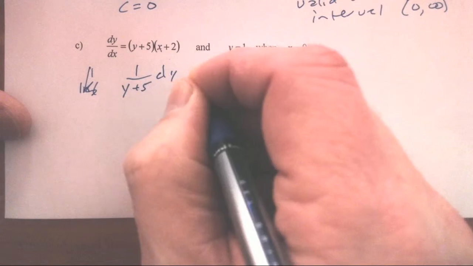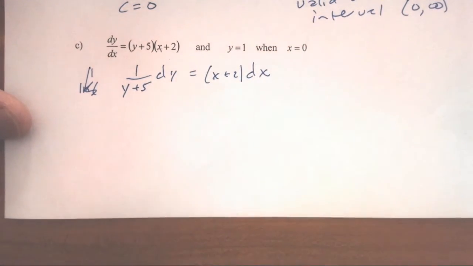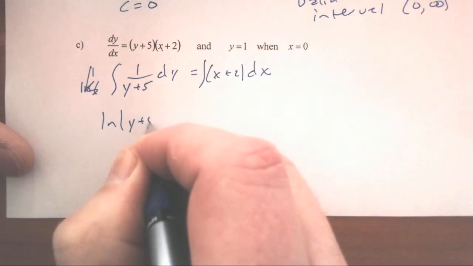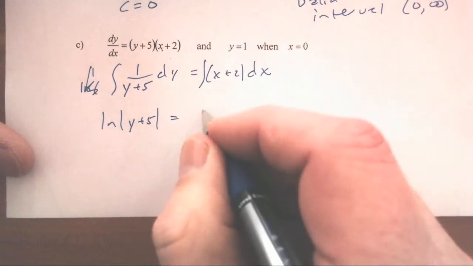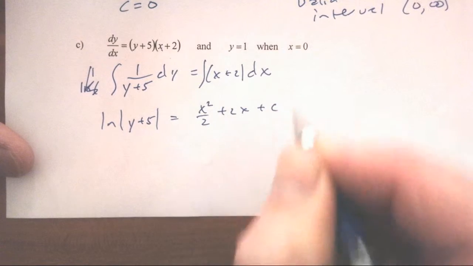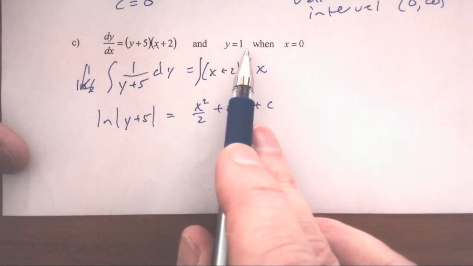1 on y plus 5 dy equals x plus 2 dx. Integrate both sides, and I get ln absolute value y plus 5 equals x squared on 2 plus 2x plus c. Let's find c. Y is 1.